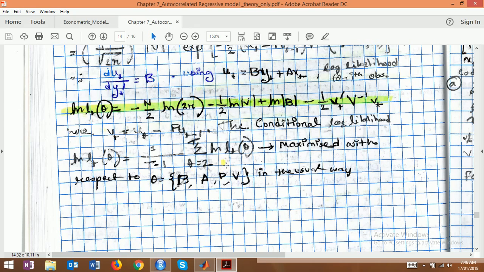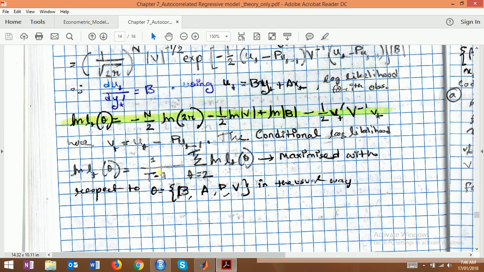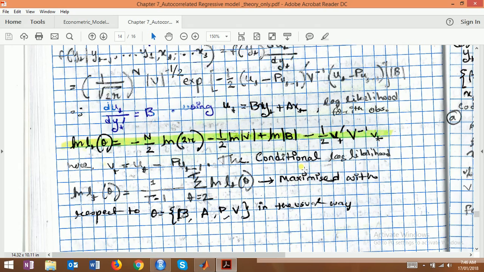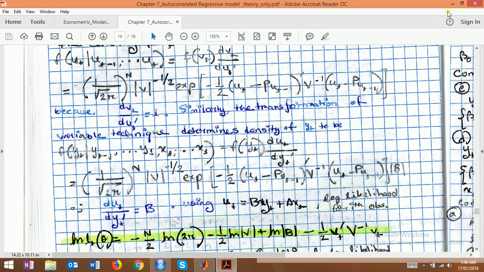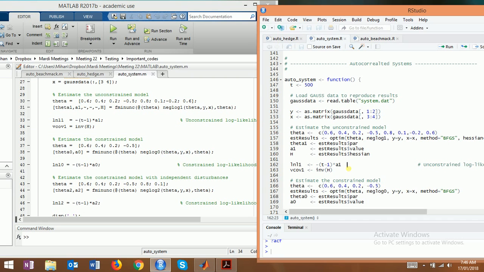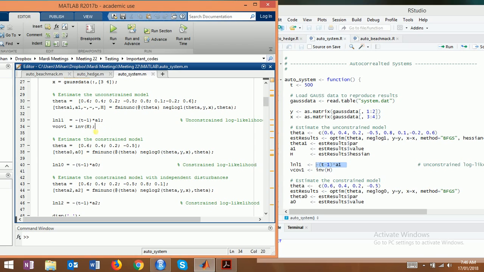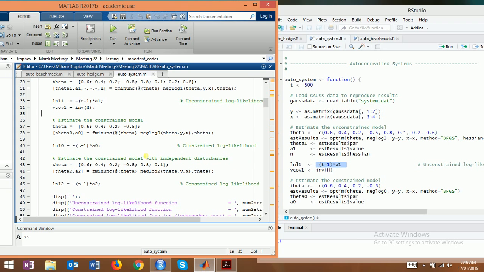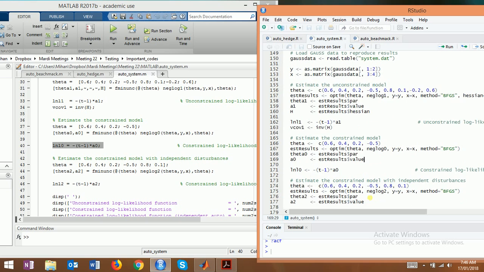This is the unconstrained log likelihood. You see 1 by t minus 1 log likelihood, that's all. So minus t minus 1 multiplied to a1. This is how it is produced, and then the inverse of the Hessian is the variance covariance matrix, and then the constraint model. Again, constraint minus t minus 1 a naught.